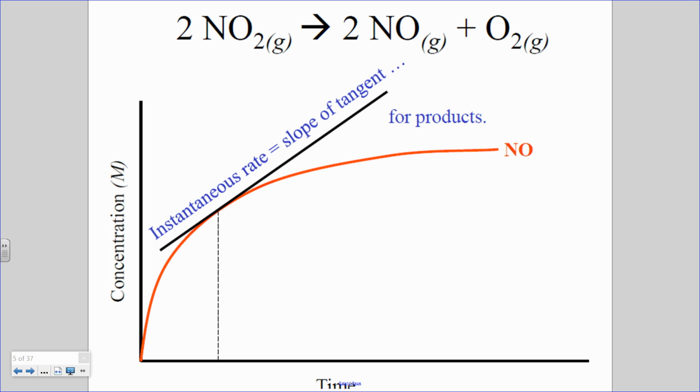Why would that be? If we look at rate, we already said, it is the change in concentration, change in molarity, I'm just going to put molarity in the bracket, over the change in time.